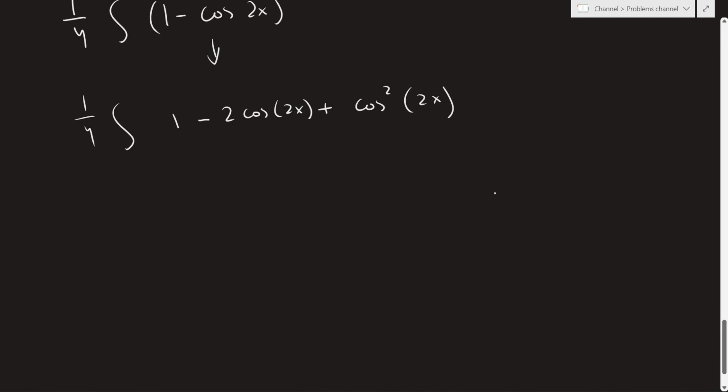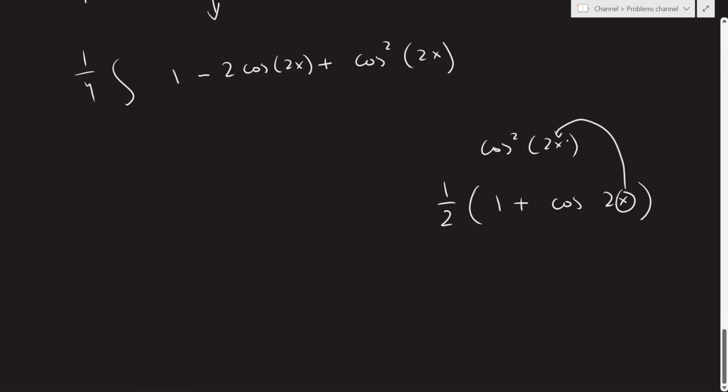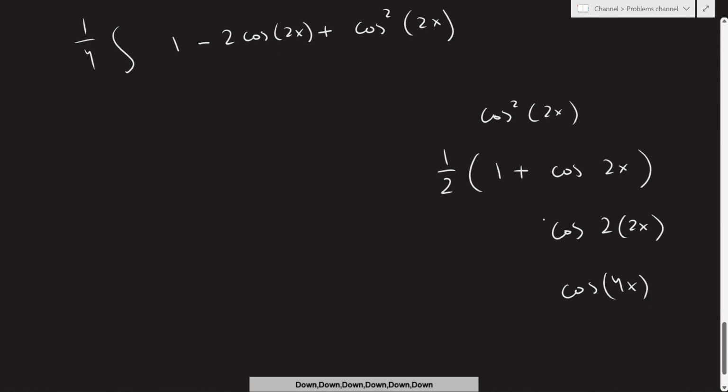So let me do this on the side. Cosine squared 2x will be changed to half times 1 plus cosine 2x. You have to be careful that x here is equal to 2x. So what it's really going to be is cosine of 2 times 2x, so it's going to be 4x. Cosine 4x.